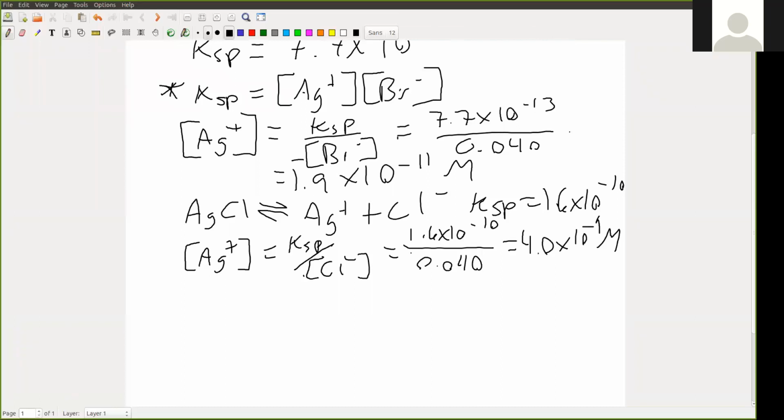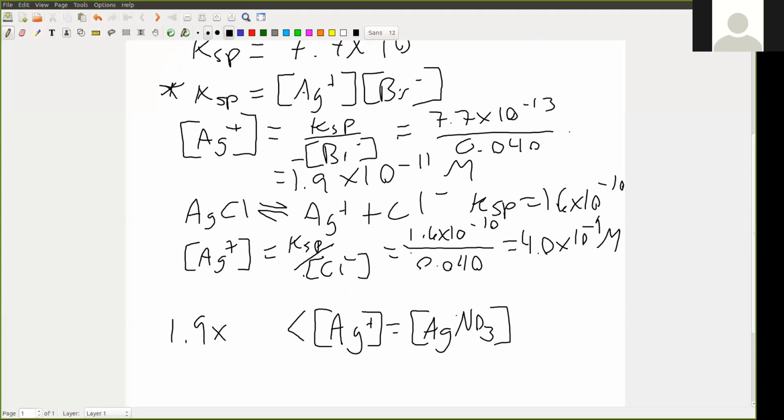So we now know that our concentration of silver ions, which is also equal to the concentration in solution of AgNO3, should be greater than 1.9 times 10 to the minus 11 molar, but less than 4.0 times 10 to the minus 9 molar.